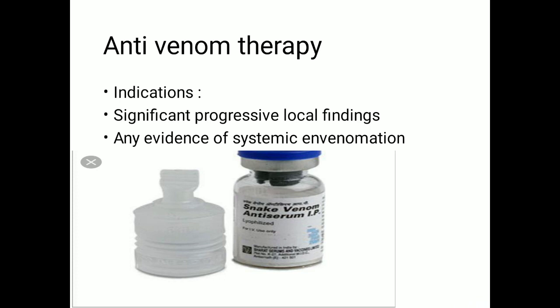The anti-snake venom we are using in India is a polyvalent anti-snake venom. There can be monovalent anti-snake venom also. Polyvalent is because it contains antibodies against the four important snakes which are prevalent in India: saw-scaled viper, Russell's viper, cobra, and krait.